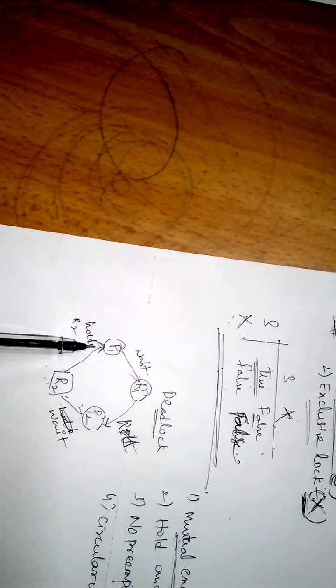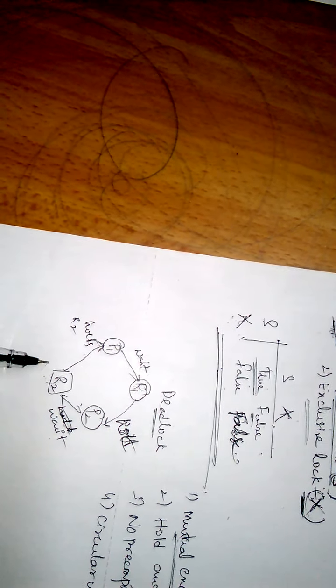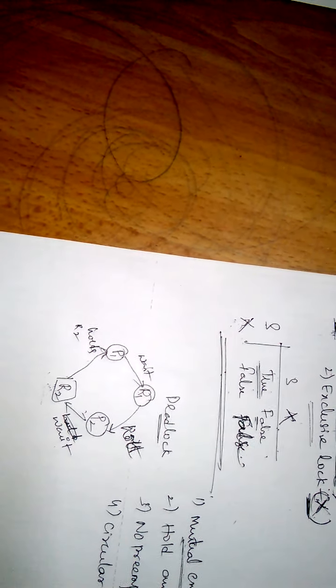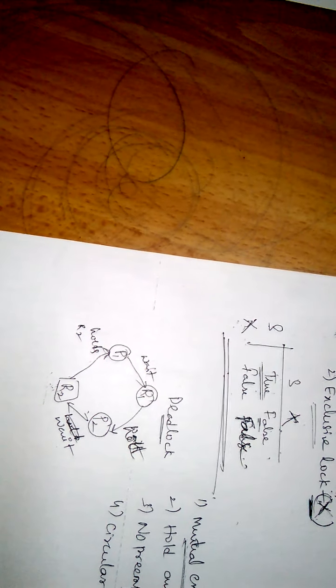It should not lock like that. It has to wait until P1 unlocks R2. If it forcefully tries to lock R2 held by P1, then there may be a deadlock. That is called no preemption.